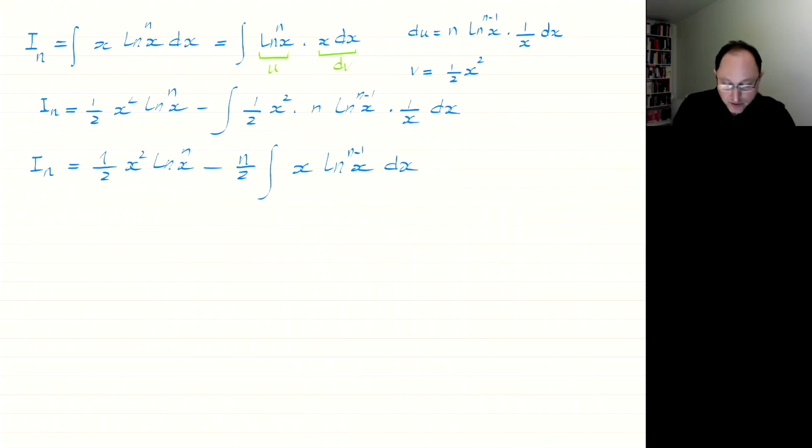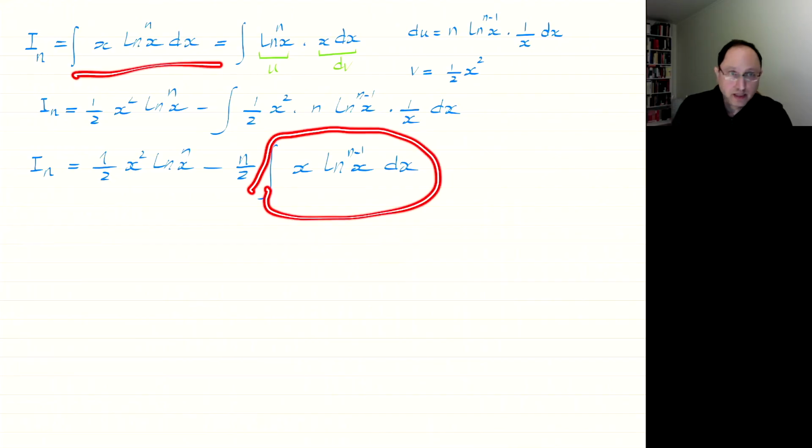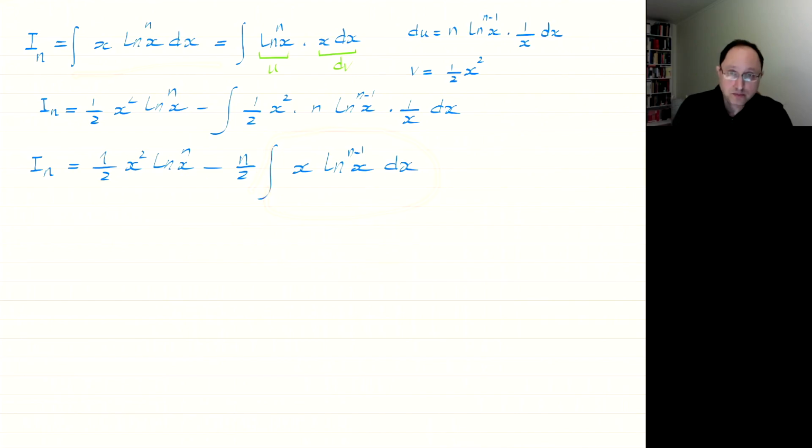The only difference is that when I called it I_n, the exponent was n. Here, this is exactly the same integral, the only difference is that now n is changed to n minus 1. So is there a better name that I can give this?